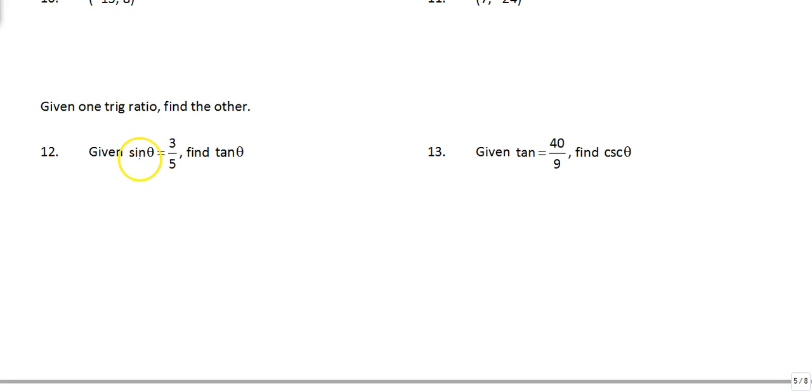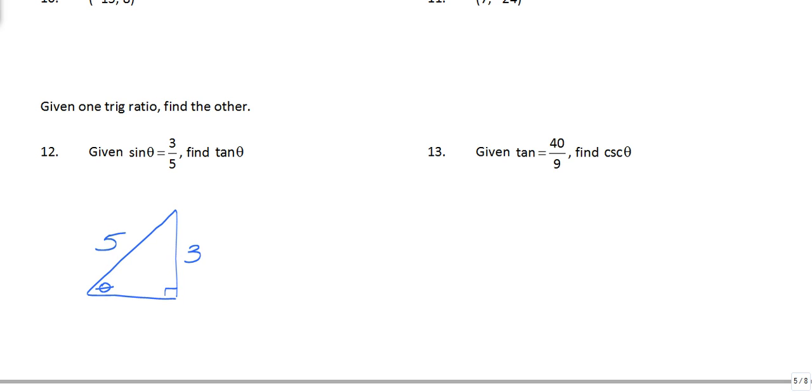When you are given one trig function, what you have to do is just draw your own right triangle. You can call theta any location you want. You could put it up here. And then you know that sine is opposite over hypotenuse, so we put the 3 over here and the 5 over there.